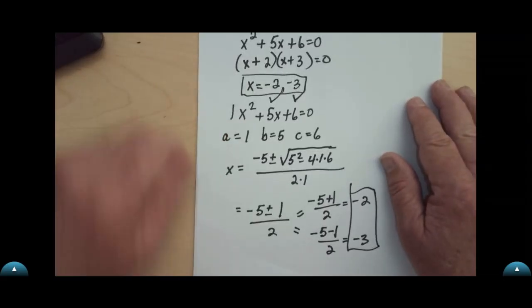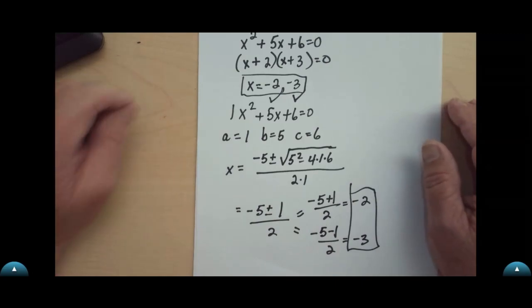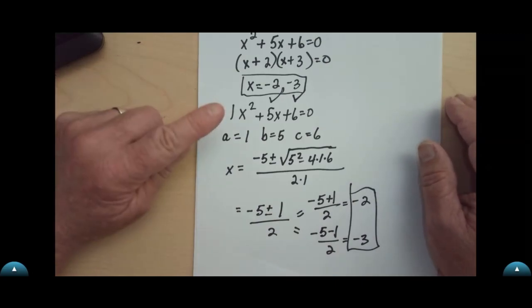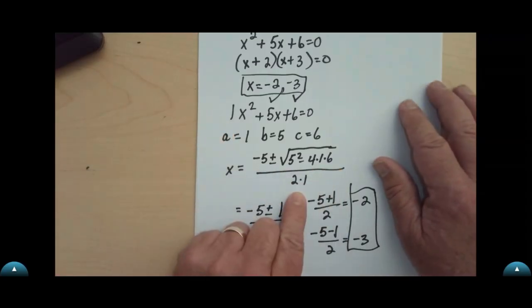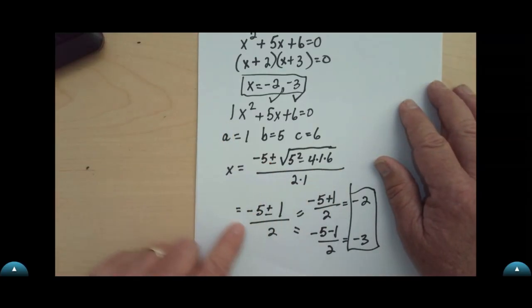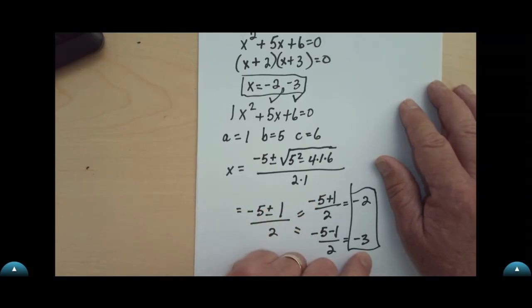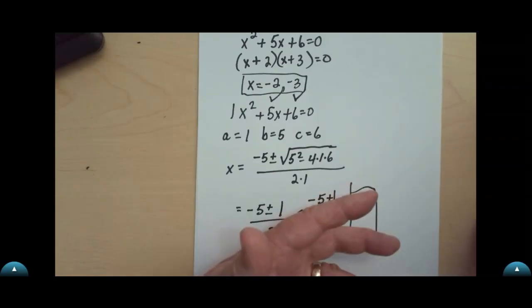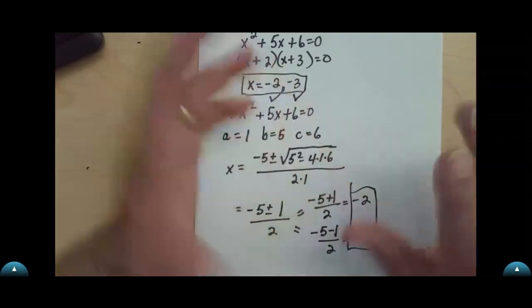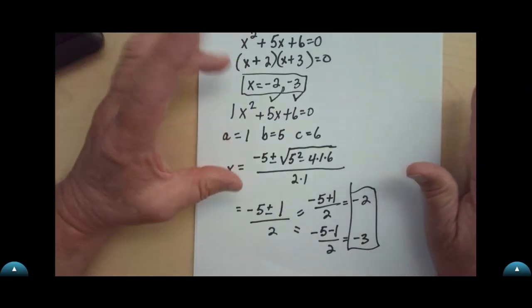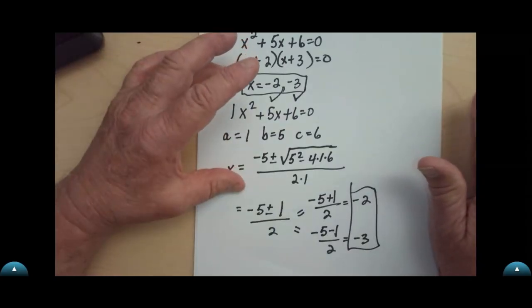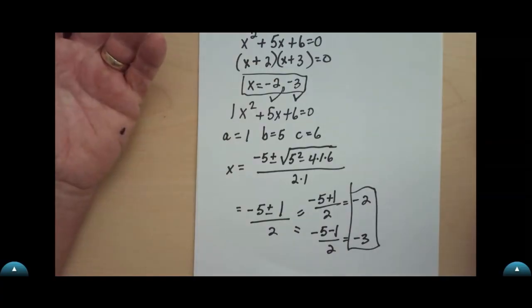The biggest problem with using the quadratic formula is you've got to very carefully plug everything into it correctly. Then you've got to very carefully do all the arithmetic correctly, or you're not going to get the correct answers, right? So it's kind of like a catch-22. The quadratic formula is easy from the standpoint that you don't have to actually think about math.